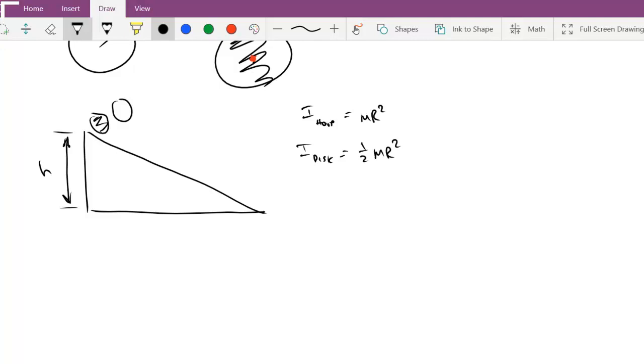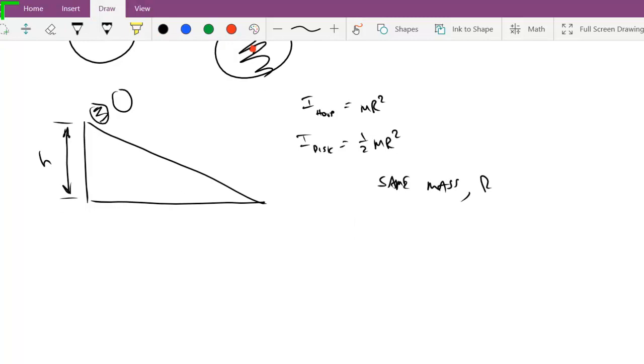Which of these would hit the ground first if they have the same mass? So they have the same mass and the same outside radius r. Well, we have to look at more than just mgh, which is how much potential energy they have, and then when they get down here they have kinetic energy.